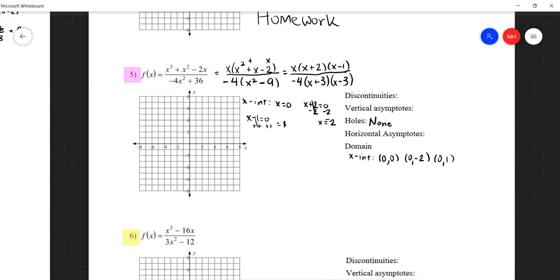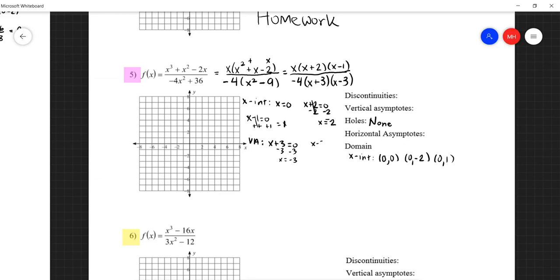Next, vertical asymptote. That says we take the denominator and we set it equal to 0. Denominator says negative 4 times x plus 3, x minus 3. Our negative 4, just like last time, our outside number didn't change much. We're just worried about where the x's were, so we're going to say x plus 3 equals 0. If we subtract 3 from both sides, we get x equals negative 3.